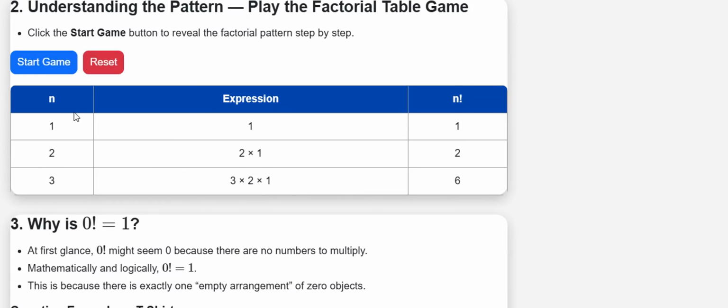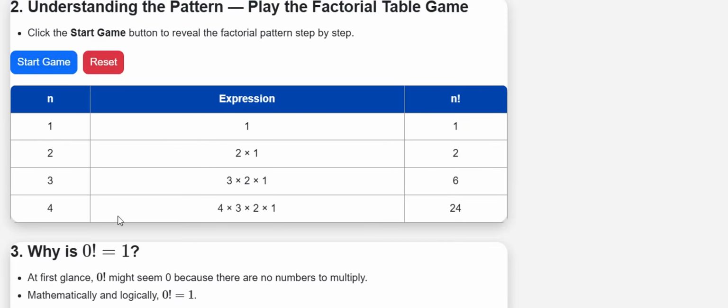As we go down, the factorial increases to a higher number and the expression becomes bigger, because the numbers you are multiplying keep increasing. If we go to 4, it becomes 4 by 3 by 2 by 1, which is 24.